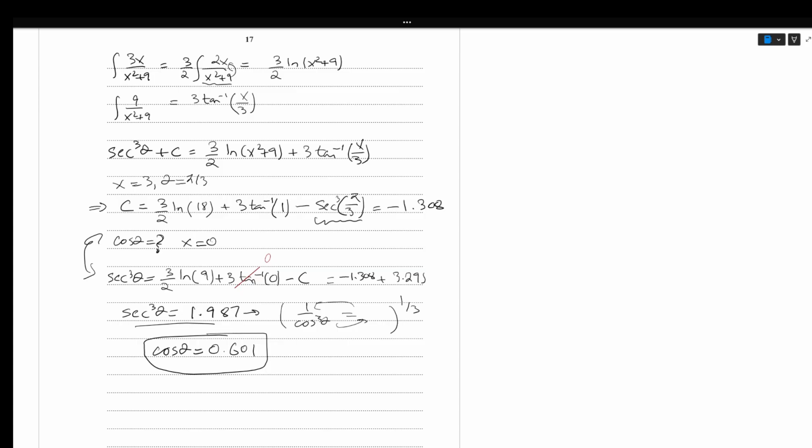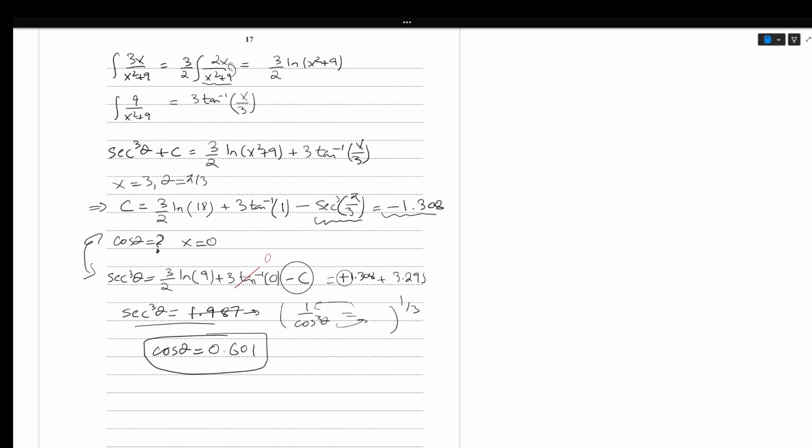हम cos theta ढूंढ रहे थे. एक दफ़ा दोबारा कर लेते हैं. 3/2 ln 18 plus 3 tan inverse of 1 minus 1 by cos of pi/3 का cube minus 1.308. या इधर प्लस आएगा बिकॉज माइनस c था और c माइनस में था, तो यहाँ प्लस आएगा.